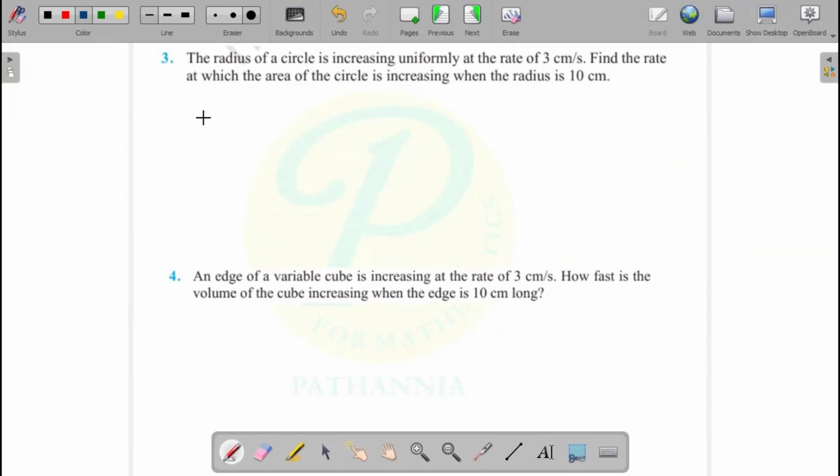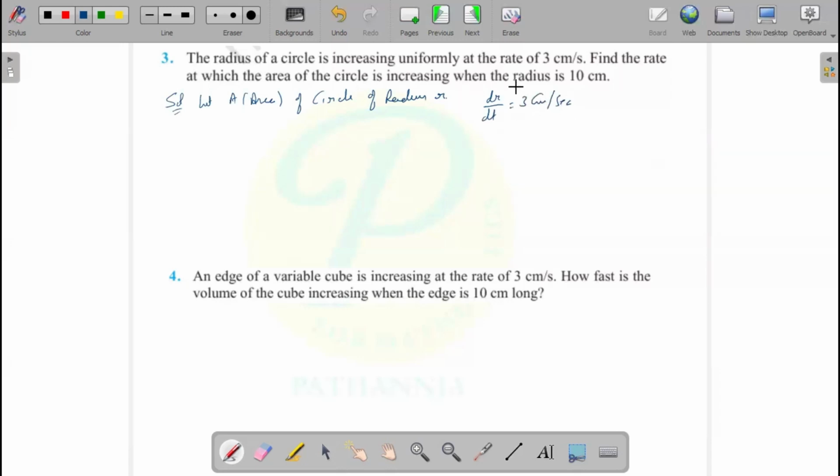The radius of a circle is increasing uniformly at the rate of, and find the rate at which the area of a circle. Let A be the area of a circle of radius r. So according to the question, the radius is increasing. Read the unit, that is 3 centimeter per second.